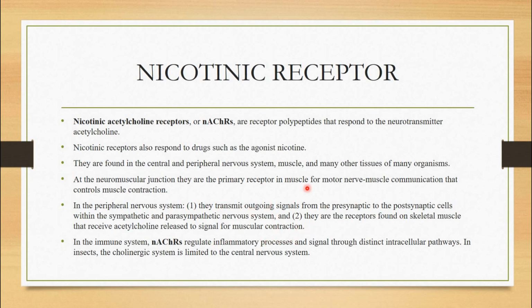So these are the overall functions of nicotinic receptors. In the immune system, the nicotinic acetylcholine receptors regulate the inflammatory processes and signal through a distinct intracellular pathway. So in insects, the cholinergic system is limited to central nervous system. So this is an added point.